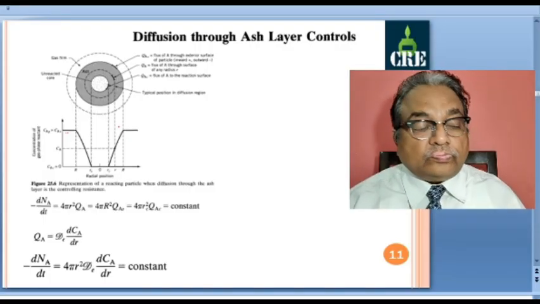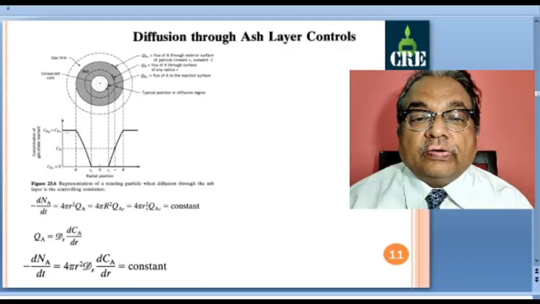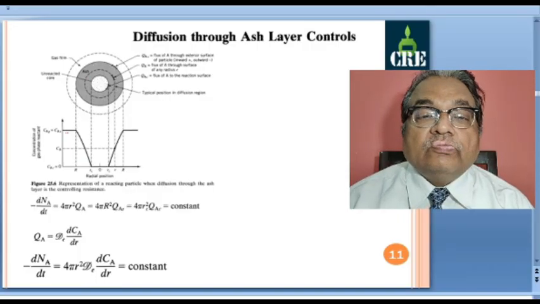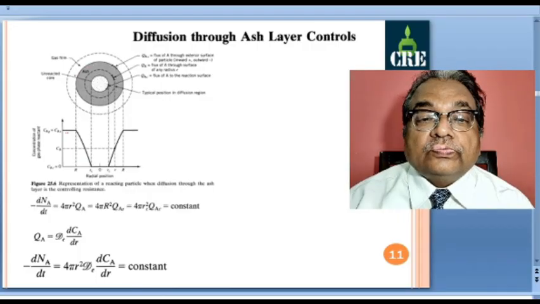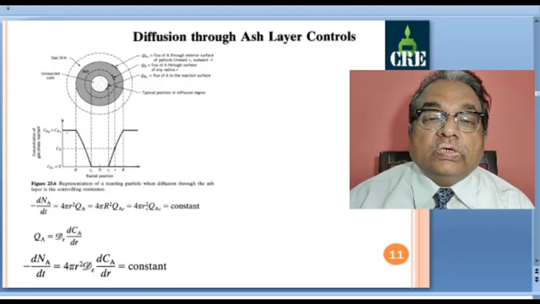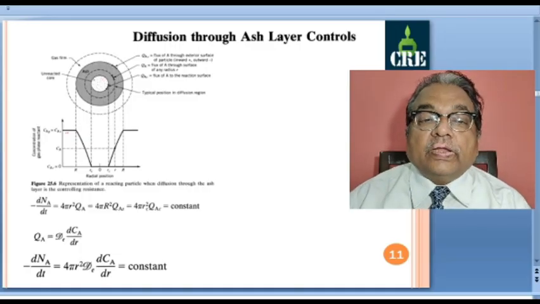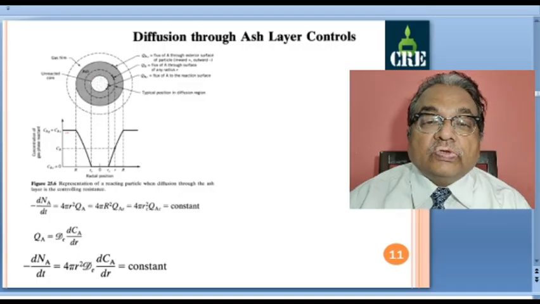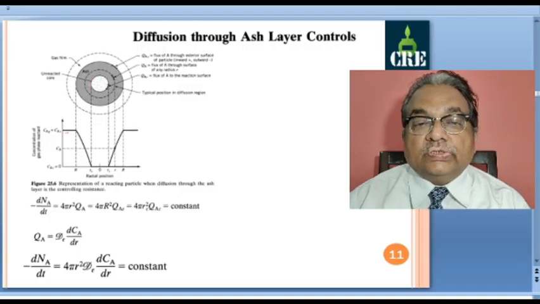Now here the situation is different. Earlier we have seen for gas film reaction controls, this surface was under consideration and this was constant. For chemical reaction controls, this surface was under consideration and reaction was occurring at this outer surface, RC, and this RC was changing from R initially, and finally it will be 0 at t equal to infinity.